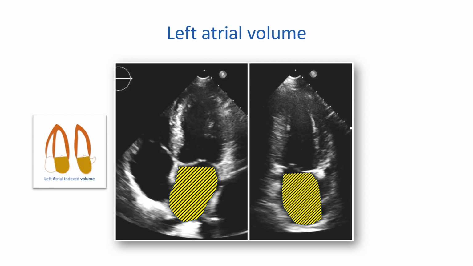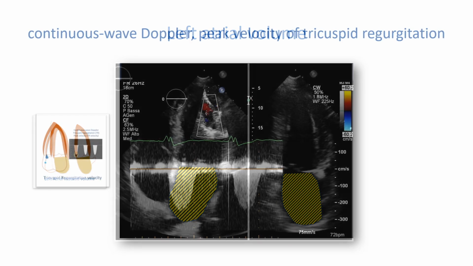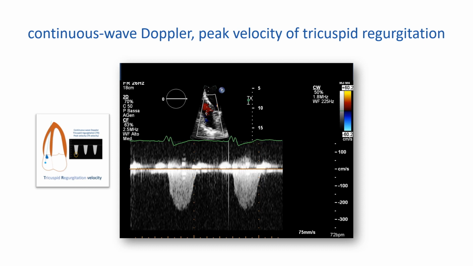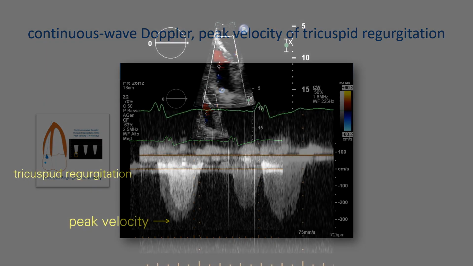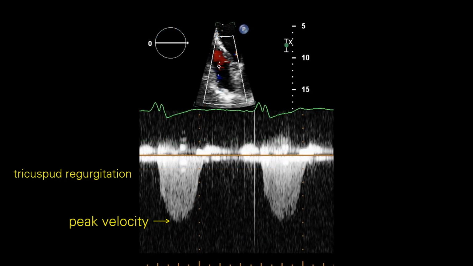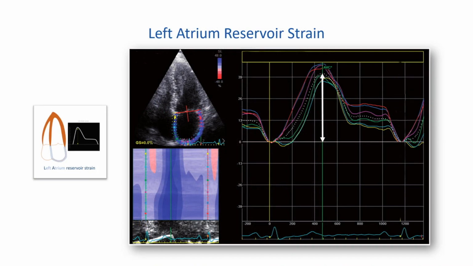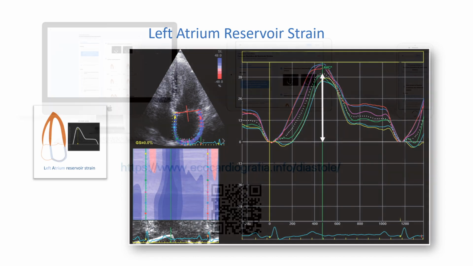The end systolic volume of the left atrium, which is calculated by biplane method and then indexed for the body surface. The tricuspid valve regurgitation flow sampled by continuous wave Doppler. The peak velocity value. And finally, to solve a specific decision-making junction, you need the reservoir strain value of the left atrium.